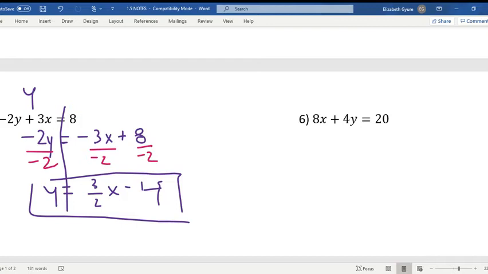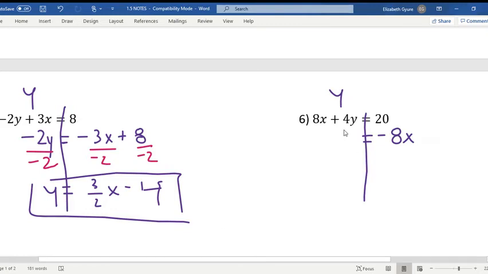So number 6, put your columns down. Let's go through. We want to get y all by itself on the left. So Corey, should the 8x stay or go? Go, and make it a negative. Okay, so I want my y's on the left. So Jaden, should the 4y stay or go?